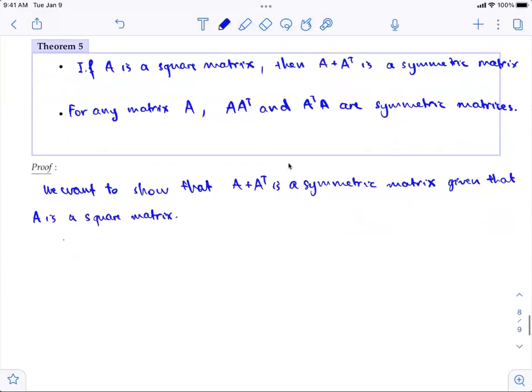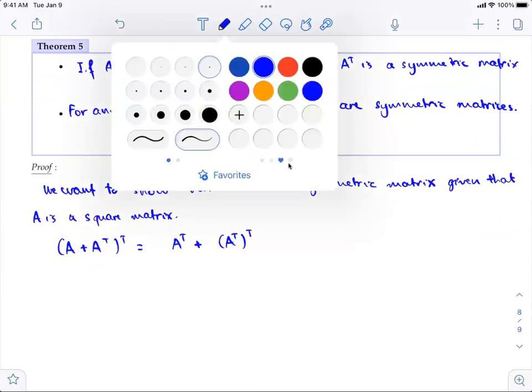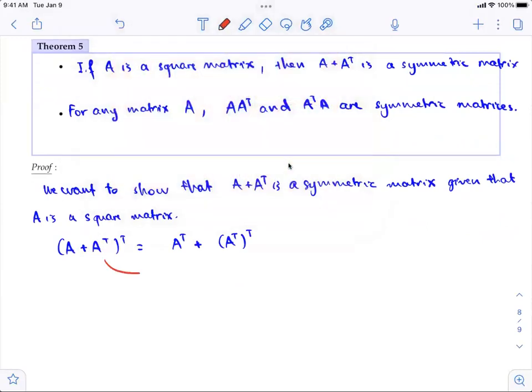We're going to take the transpose of A plus A transpose. This gives you A transpose plus A transpose of transpose, because the transpose of the sum is the sum of transposes. This is property number 2 from the set of properties of transpose.